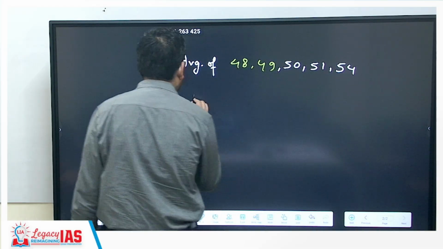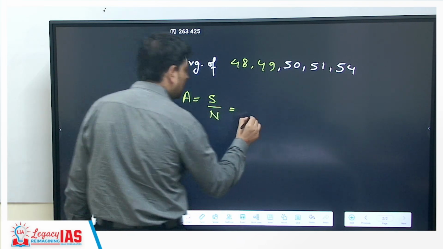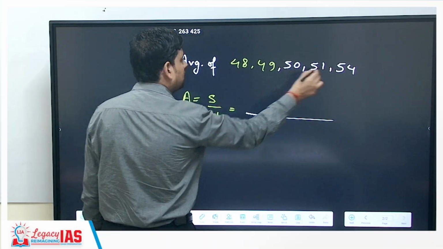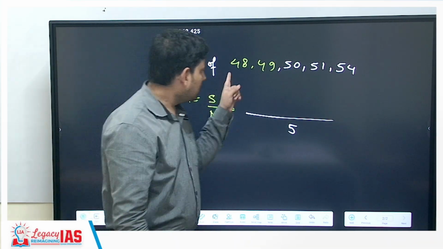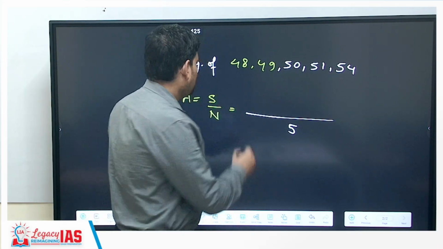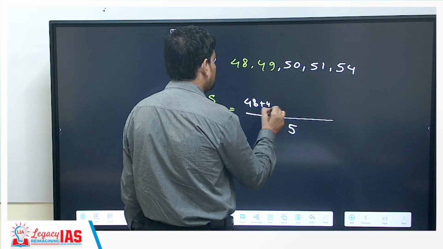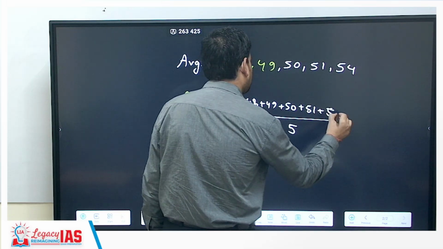As the formula says, average is equal to sum upon number. The total number of them is 1, 2, 3, 4, 5, so divided by 5. Sum is 48 plus 49 plus 50 plus 51 plus 54.